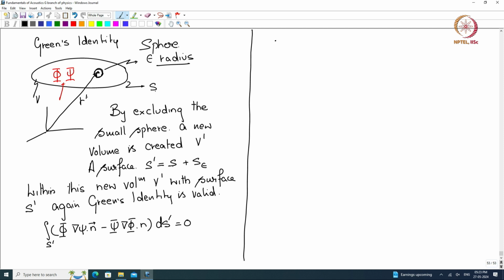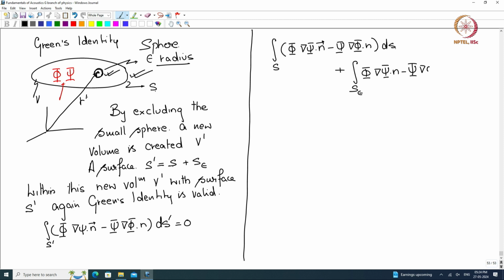This new surface is the old surface, integral of phi del psi dot n minus psi del phi dot n ds over the original surface, plus another surface that has come in, plus the integral over S epsilon, again phi del psi dot n minus psi del phi dot n ds epsilon, that is equal to 0.